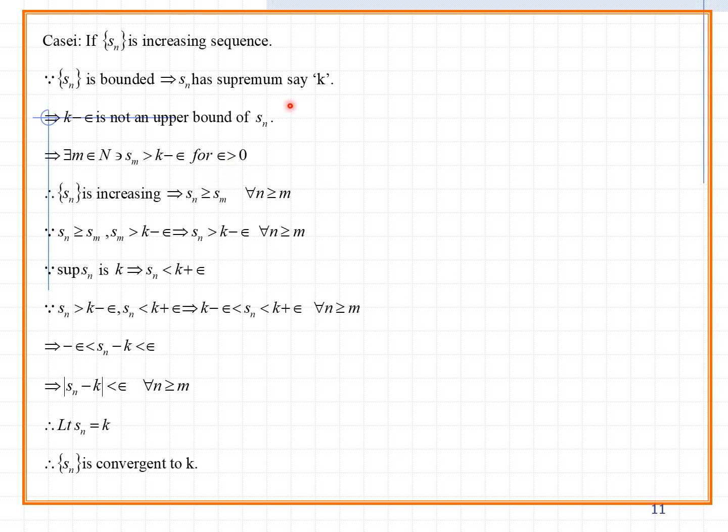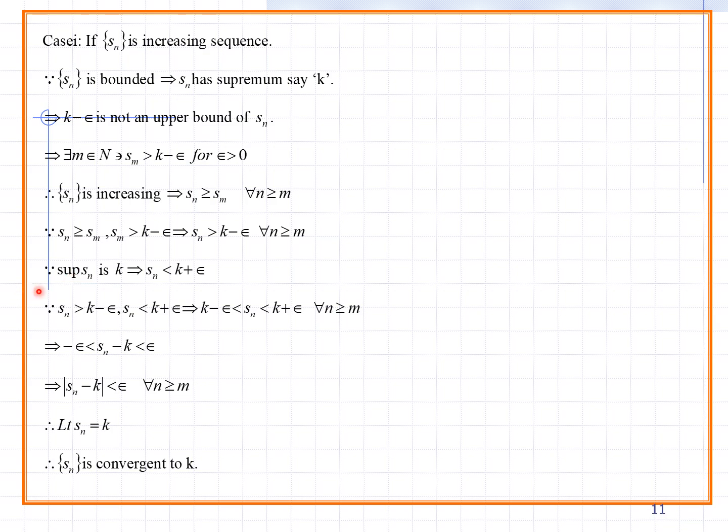So k is the supremum value. Once you remove that minus epsilon, it is not an upper bound. Therefore, Sn is increasing. Once Sn is increasing, can I write Sm less than or equal to Sn for all n greater than or equal to m? Since Sn is greater than or equal to Sm, and Sm is greater than k minus epsilon, Sn is greater than k minus epsilon for all n greater than or equal to m.